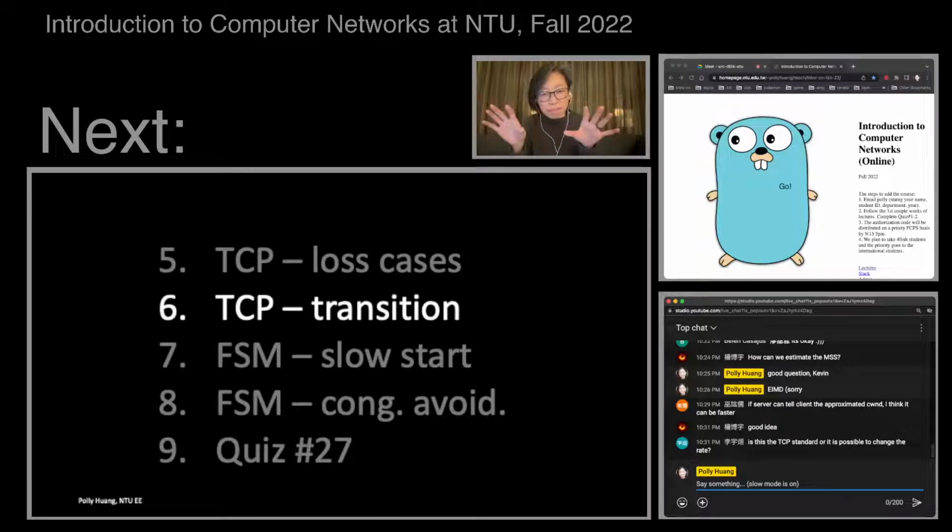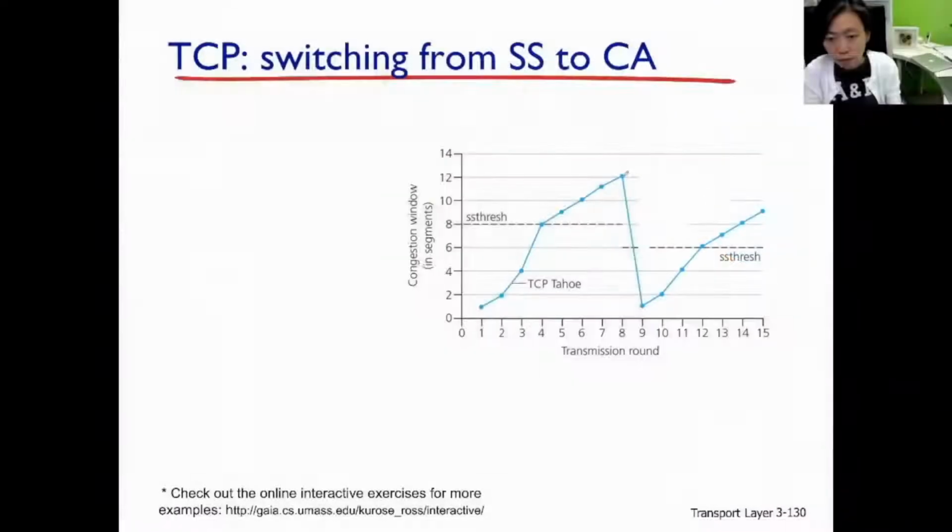Now, one more video to explain exactly how the transition from the slow start to the congestion avoidance phase is done. Okay, so what I'm illustrating here is TCP Tahoe's window size changing over time. At the beginning, window size is set to 1 segment. And then slow start, right? This is the initial phase. And therefore you see exponentially fast growth, the concave curve. And this is going to go until we hit the slow start threshold.